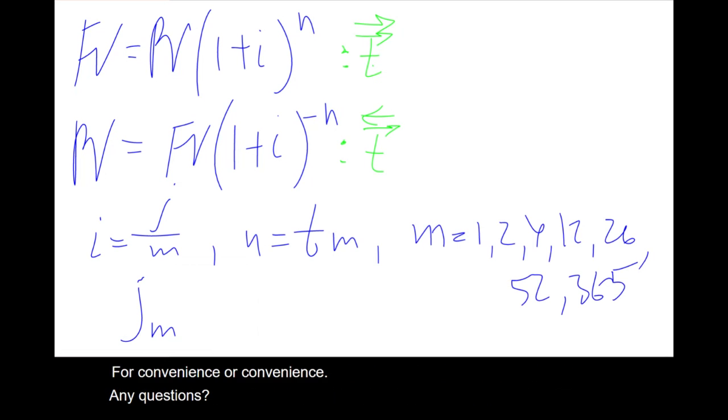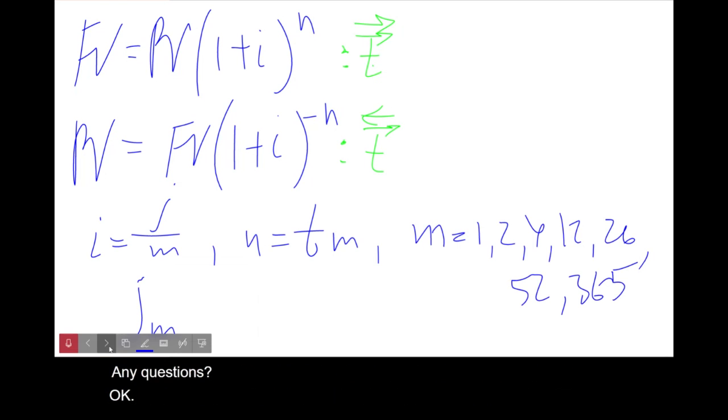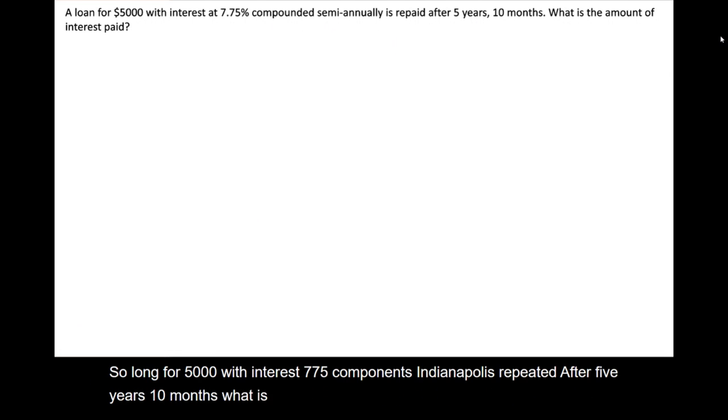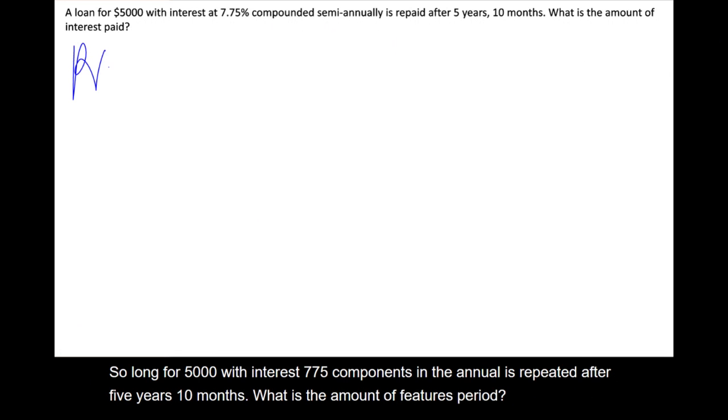Okay, so let's continue. Let's practice some exercises. A loan of 5,000 with interest 7.75% compounded semi-annually is repaid after 5 years, 10 months. What is the amount of interest paid? So the loan is the present value.